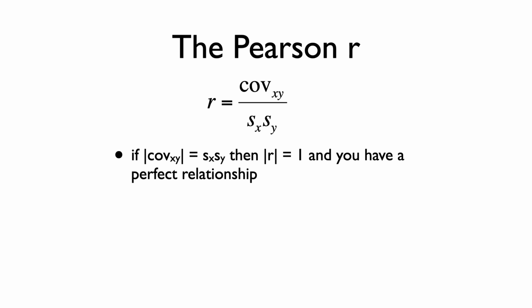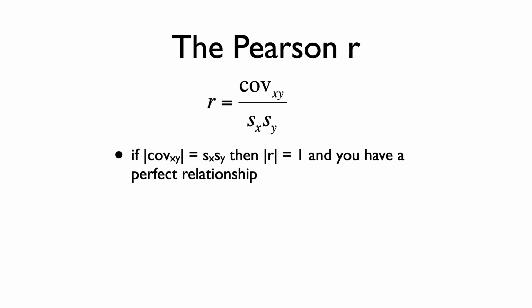So look at this and think about two variables that are measuring the same thing, like height in centimeters and height in inches. They're measuring literally exactly the same thing, just with different numbers, right? So their covariance should equal one standard deviation times the other.